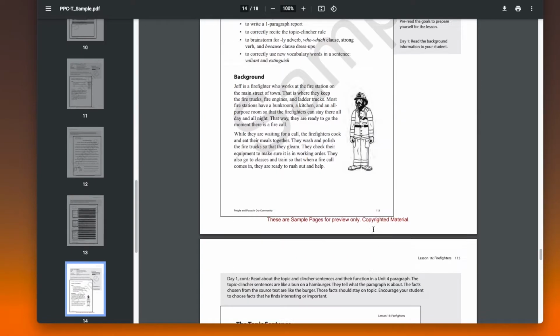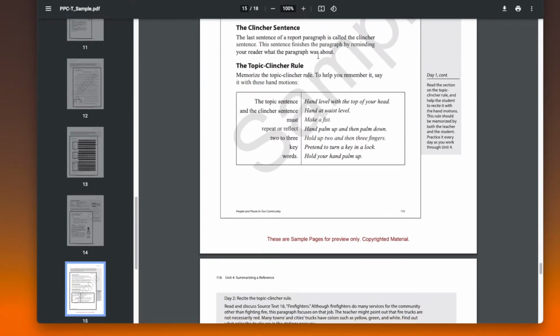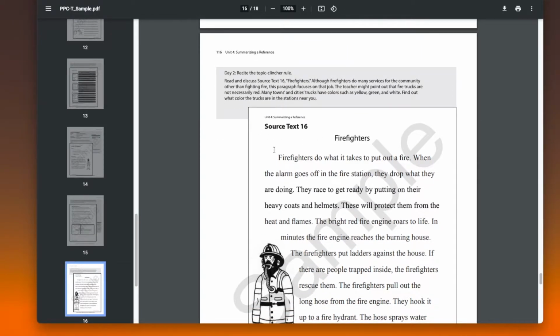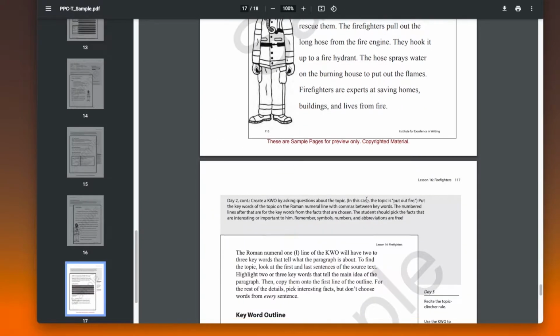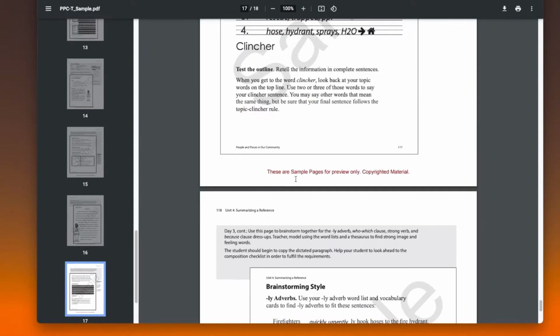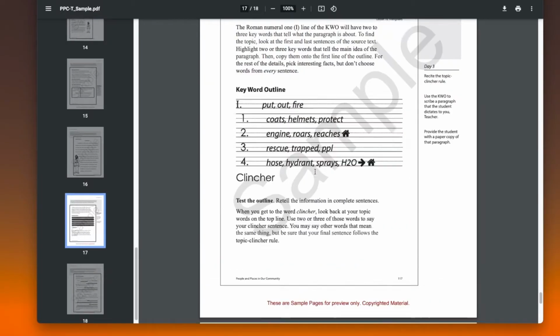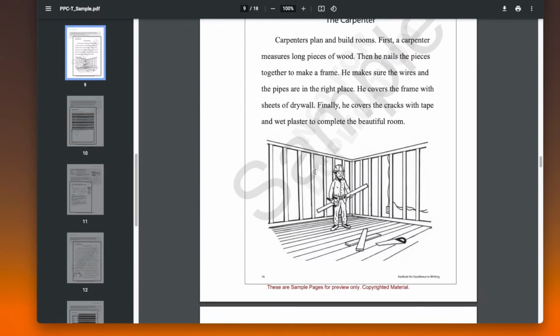Lesson 16 on firefighters, topic sentence, clincher sentences. Okay, day 2, reciting the topic clincher rule. Here's your text. Day 2 continued. Day 3, brainstorming. Okay, so the lessons all follow this same general sequence.